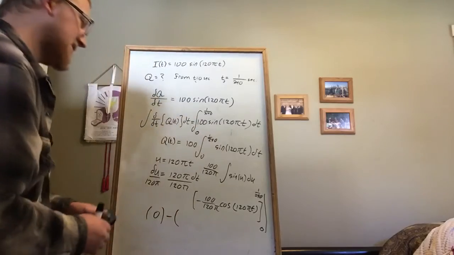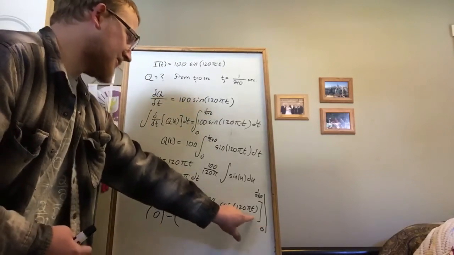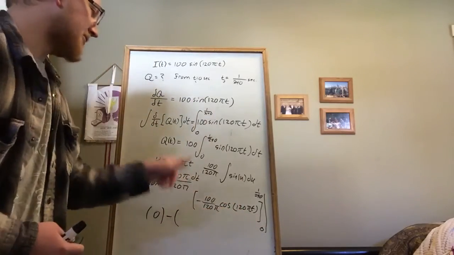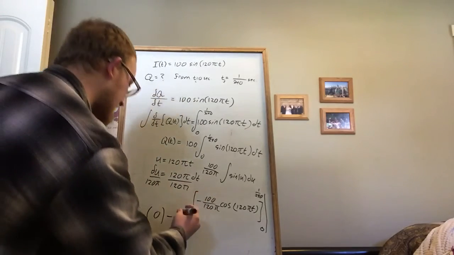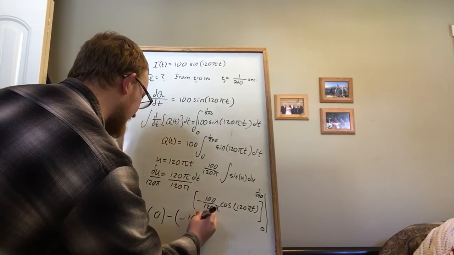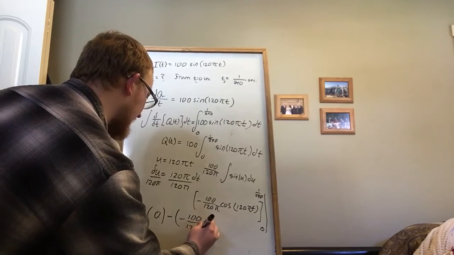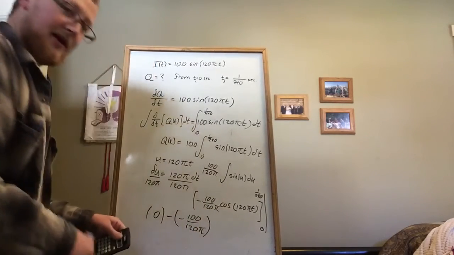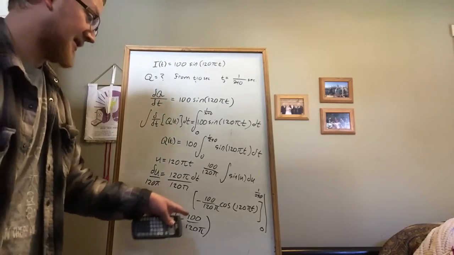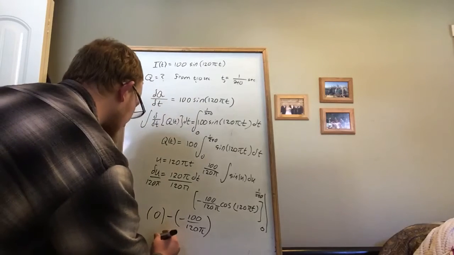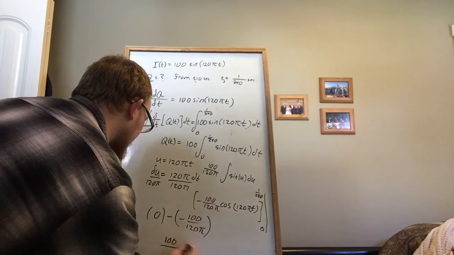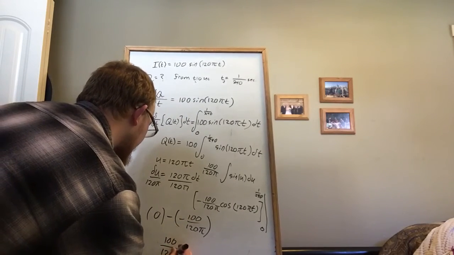Then we're going to subtract the second evaluation, which 0 times anything is 0. Cosine of 0 is 1. And so we're just left with this part out here in front, 100 over 120 pi. And 0 minus a negative 100 over 120 pi is going to be a positive 100 over 120 pi.